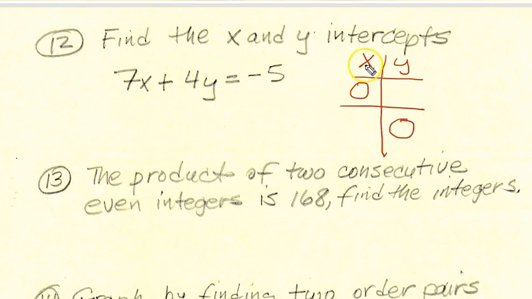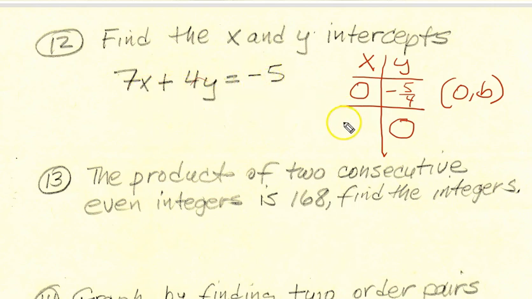So if this x here is a 0, this becomes 0. And now we just solve for y, which is a negative 5/4. Now this is your y-intercept, 0, b. Now if your y is a 0, you put a 0 here, and 4 times 0 is 0, so you now get 7x equals a negative 5.